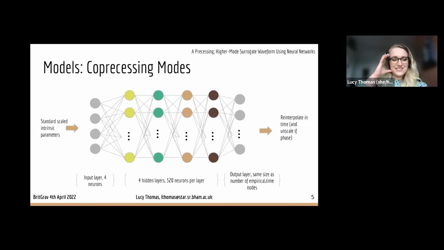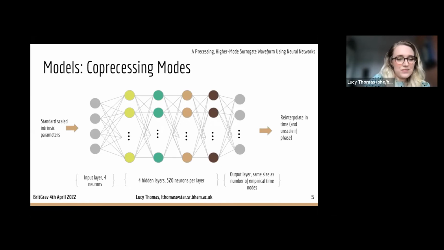So onto the models. In the schematic diagram, you can see the neural network architecture for the co-processing amplitudes and phases. Our input layer is 4 neurons, one for each of our 4 intrinsic parameters, the mass ratio and the 3 primary spin components.